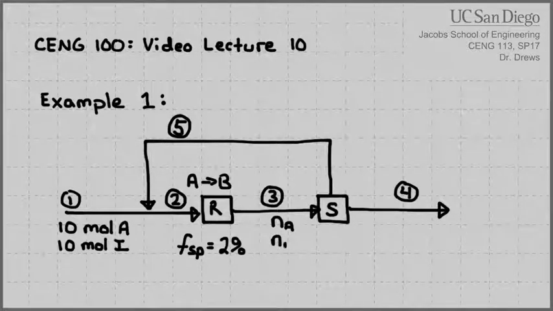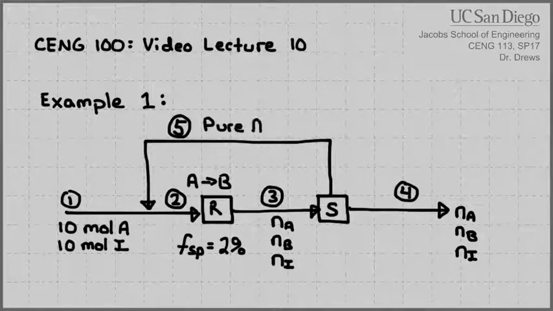Some A, a little bit of B, and some inert. Coming out of stream 4, as part of the problem statement, this isn't an assumption you would have to make, we're going to get a little bit of everything, A, B, and I. But in our recycle stream, stream 5, we just have pure A.